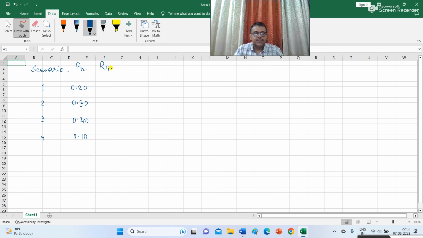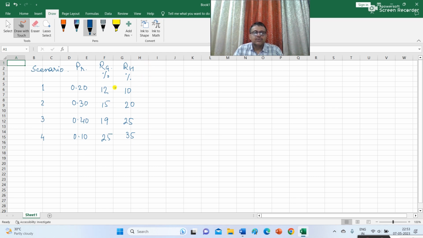Return of G is given in percentage, security G, which is 12, 15, 19, and 25. And return of H is also given in percentage, which is 10, 20, 25, and 35.